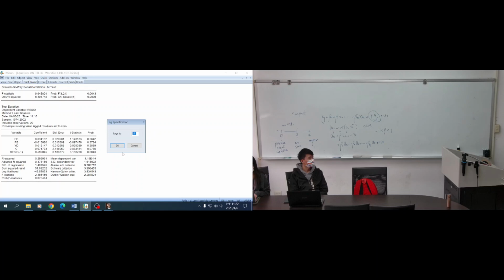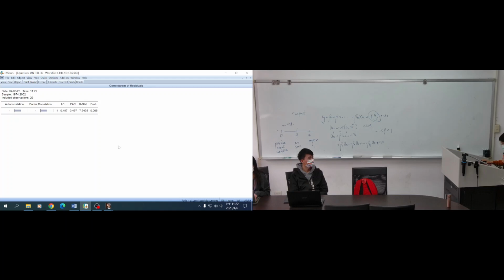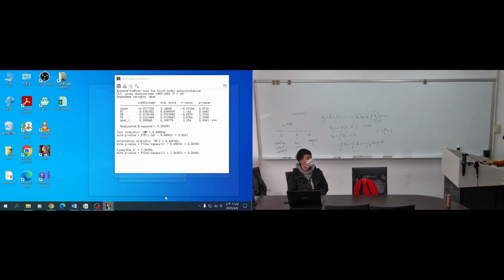And the lag is also 1. Did you see that? Since I have 1, the lag is 1. And did you see the autocorrelation? AC means autocorrelation function. There's a Q statistic, which is the one I showed you from eViews. So let me show my eViews here.